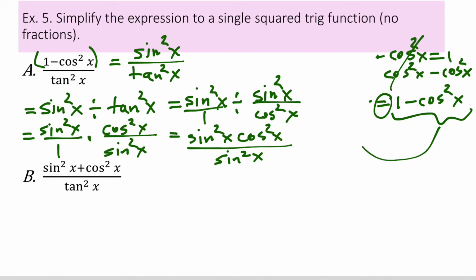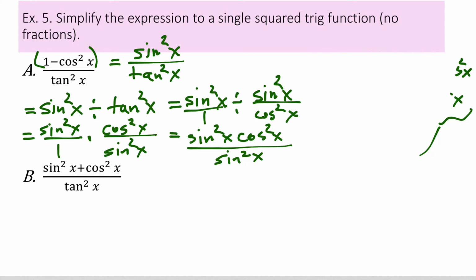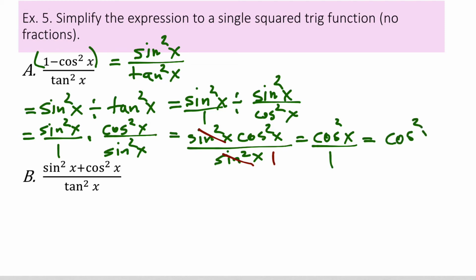So I can cancel out the matching sine squared of x in the numerator and the denominator. So I'm left with cosine squared of x over 1. So you may get to the point where you don't write the 1 anymore. That's just equal to the cosine squared of x. So we've rewritten this as a single squared trig function, no fractions.